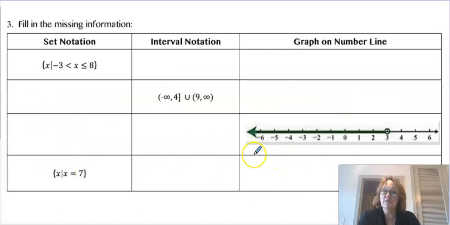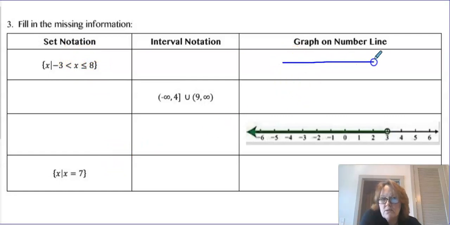All right, let's just practice a little bit. Set notation is where you have the little squiggly brace, looks like a parentheses, but not exactly. So this set notation reads x such that, that line right there, that's how we say that. So all values of x such that -3 is less than x is less than or equal to 8. Let's look at the number line first.